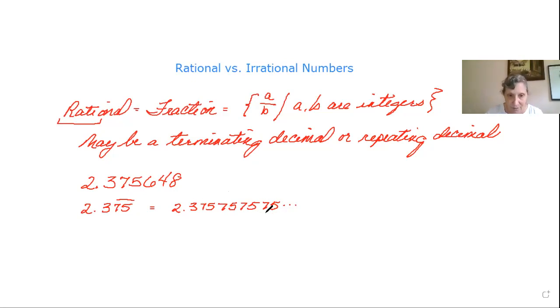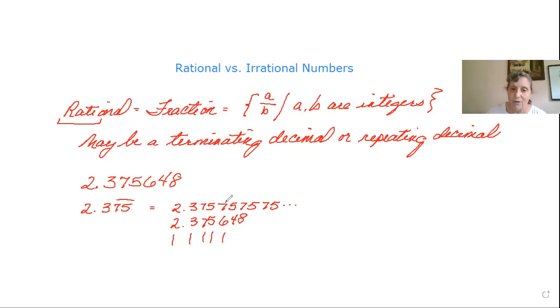Notice that this number, if we compare it to that first number I put, 2.3756648, they're the same up to here. Here's where they start to differ.